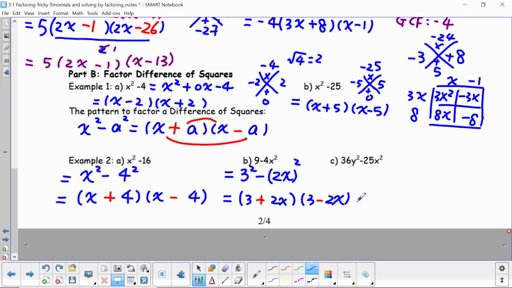And the next one is a little bit tricky, but we just want to find the square root of each term. So 36 square root is 6. y squared square root is y. 25 square root is 5. x squared square root is x. So the square root is just the degree divided by 2 for the variable. It's just degree divided by 2, then it will give you the square root.